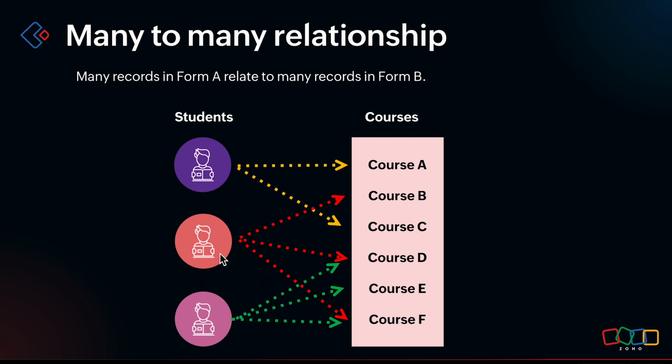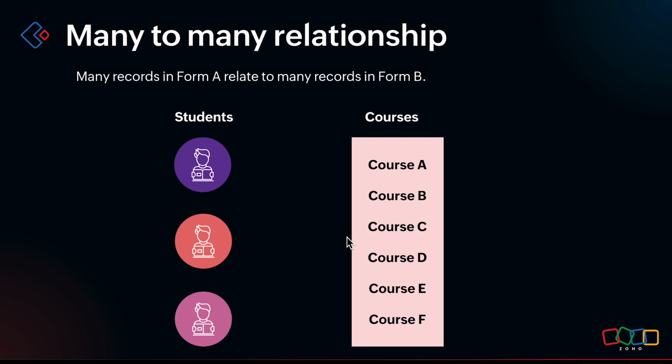So many students can register for many courses. Similarly, one single course can also have multiple students registered in it, right? So this will be an example of many-to-many relationship, where multiple records in form A can be associated with multiple records in form B, right? So these are the three different types of relationship that we have within the Creator platform.